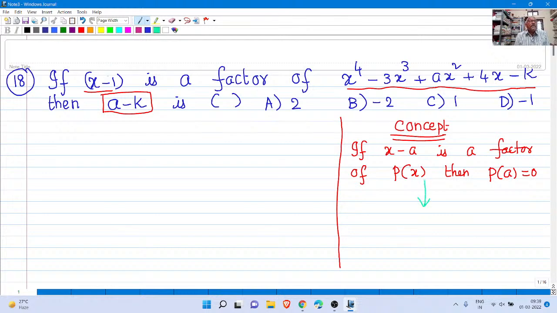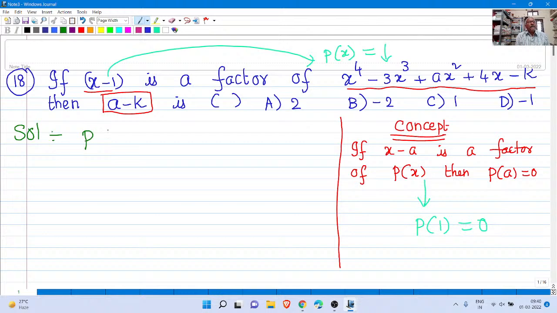Since x minus 1 is a factor of this p of x, for example, this is the p of x. So you will get p of 1 must be equal to 0. So that means substitute x as 1. Then what do you get now here?